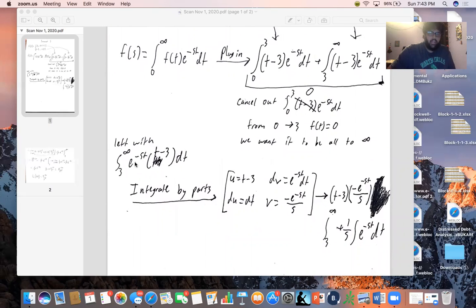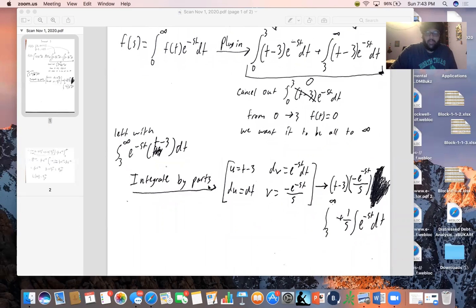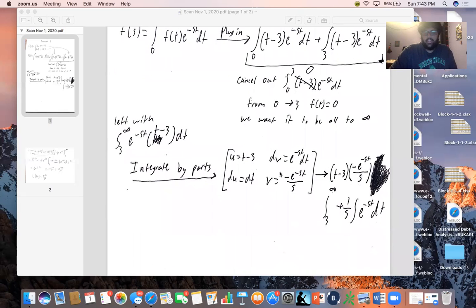We're going to integrate it by parts. So u equals t minus 3, du is dt, and dv is e to the negative st dt, which we integrate to get v equals negative e to the negative st over s.